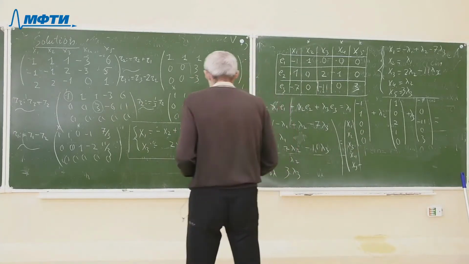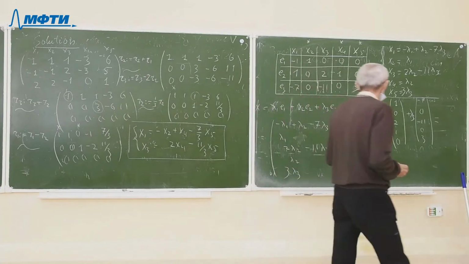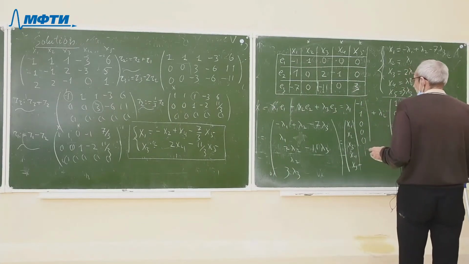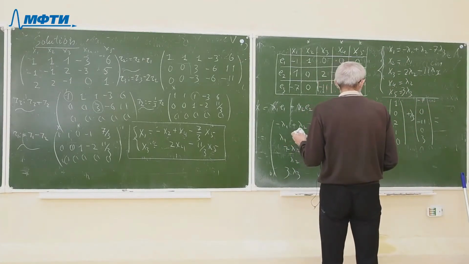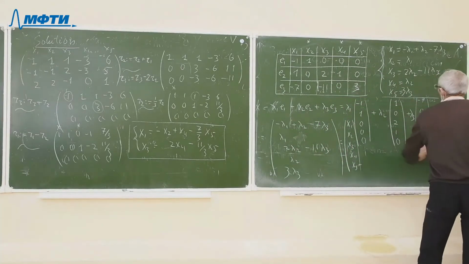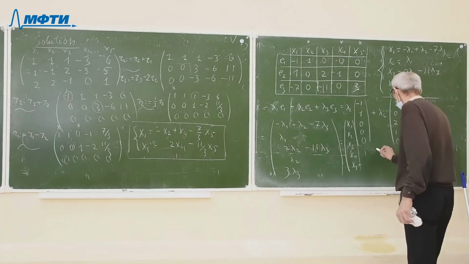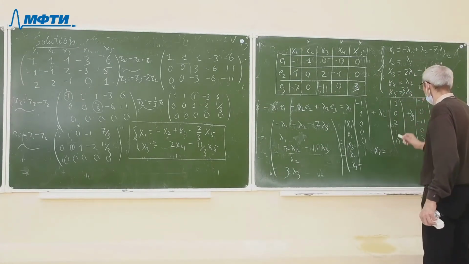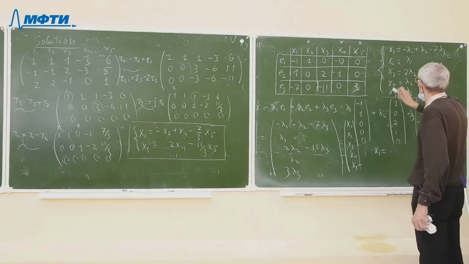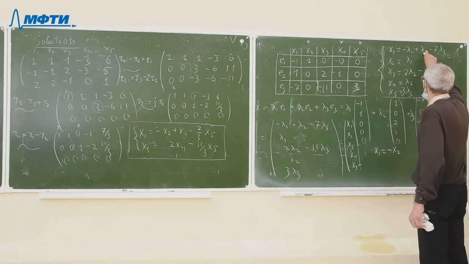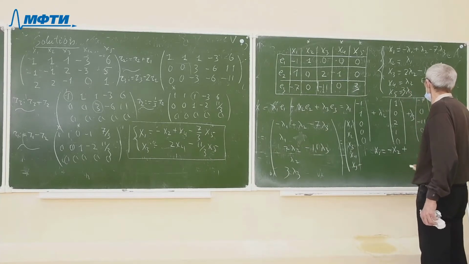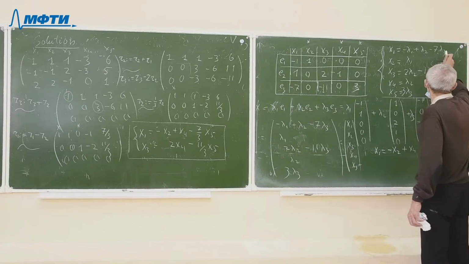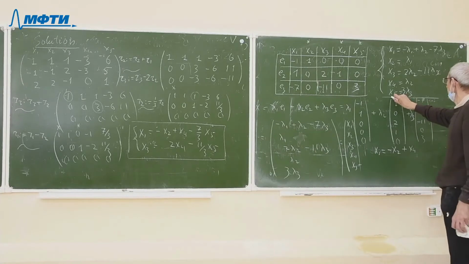Let's substitute. x1 is equal to lambda 1, which is x2, minus x2; lambda 2 is equal to x4, and lambda 3 is x5 divided by 3.